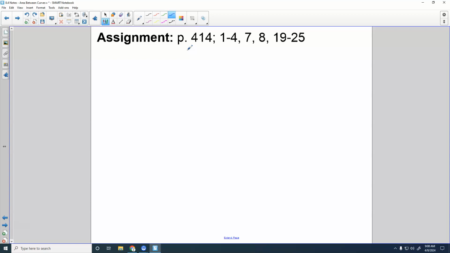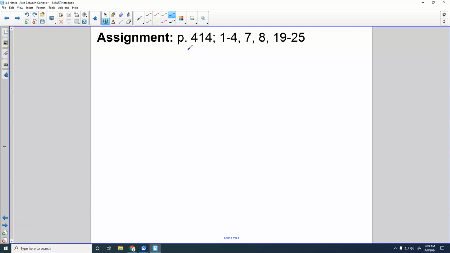All right. 1 through 4 is not asking you to solve. It's only asking you to set up the integral. So 1 through 4, you don't have to solve. You'll end up doing too much work if you solve those. It'll take you a lot longer. So 1 through 4, just set it up.